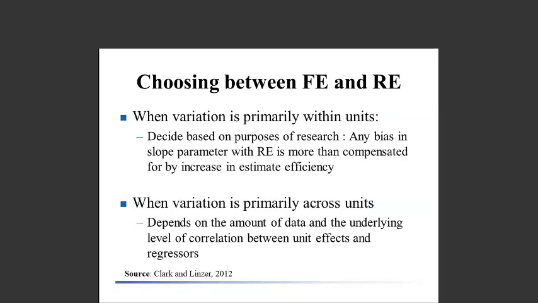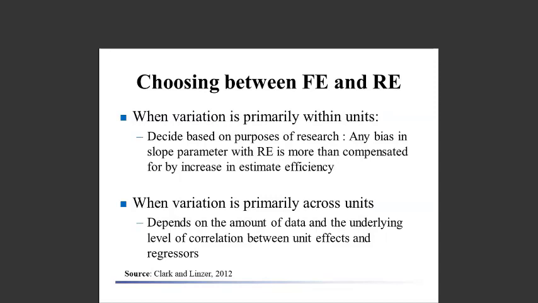So in these cases, only when there's little data and the correlation between the regressor and the unit effects is exceptionally high, in their simulations correlations of 0.9, only then did the fixed effects estimator outperform the random effects.